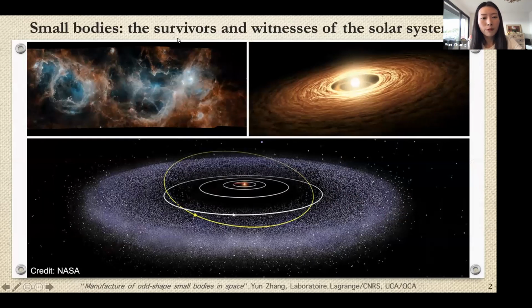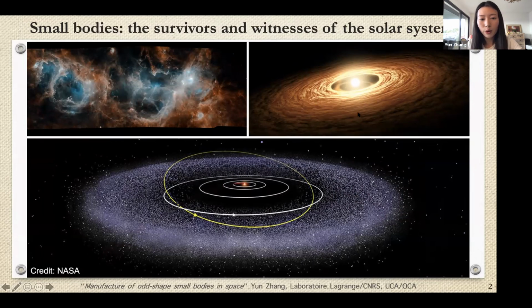First, before we dig into Oumuamua, I would like to give some general context about small bodies and their evolution. It's believed that in our galaxy, forming stars are usually accompanied by a protoplanetary disk.